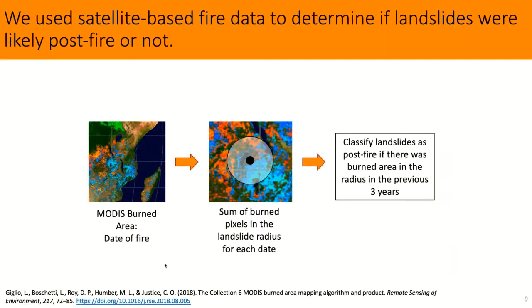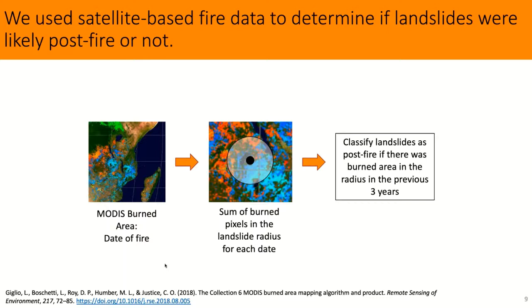Moving on to the fire data, this data is derived from the MODIS burned area dataset, which is essentially the date of fire across the grid. And so like the similar colors in this diagram would indicate a similar fire event, or the same fire event.